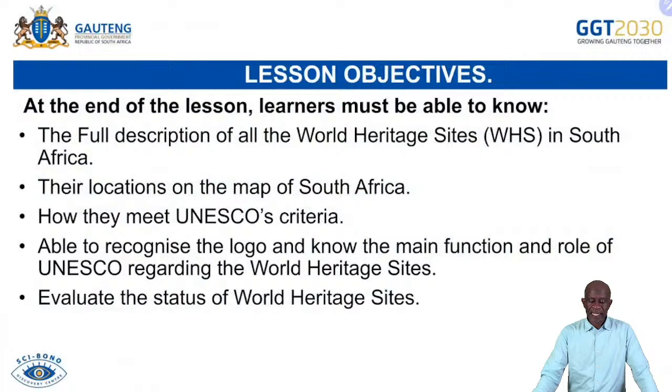At the end of this lesson, you must be able to know the full description of all World Heritage Sites, and the acronym is WHS, that are found in South Africa.